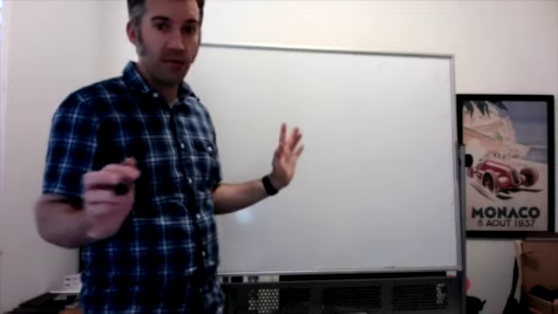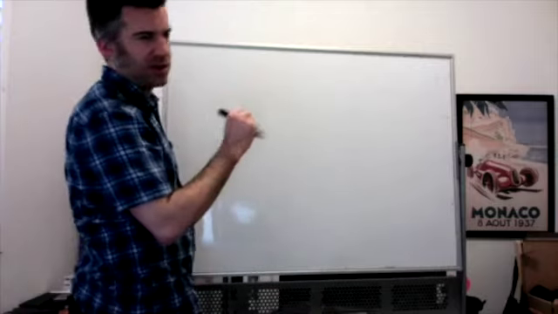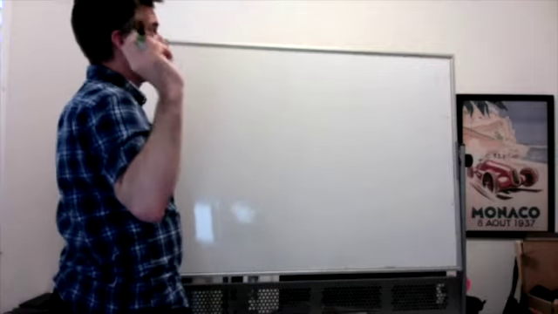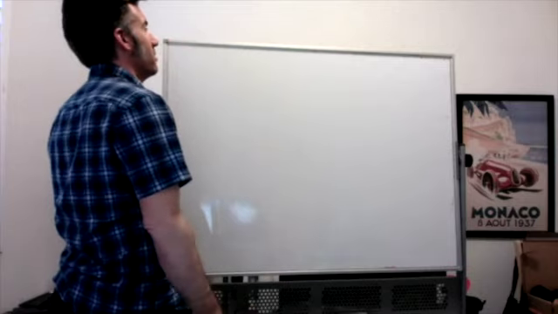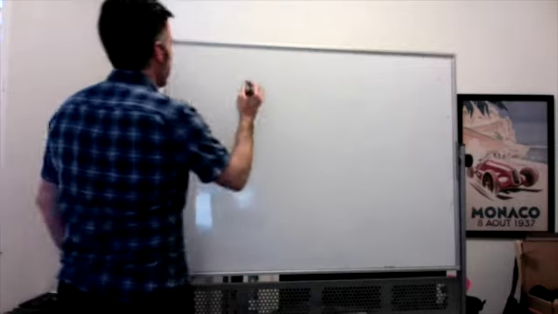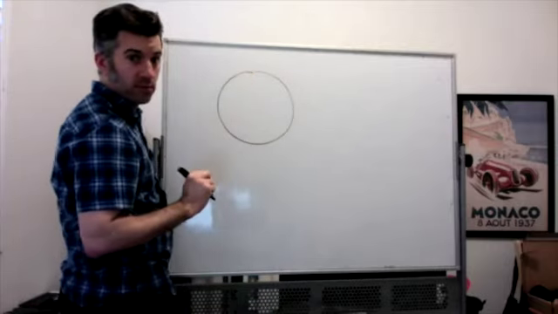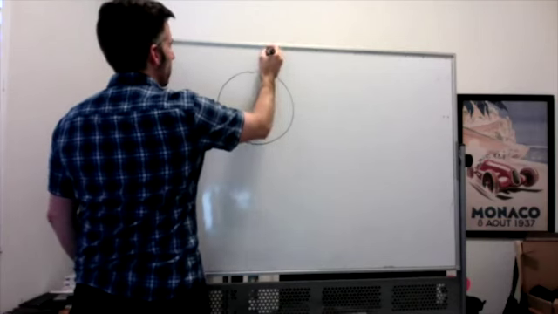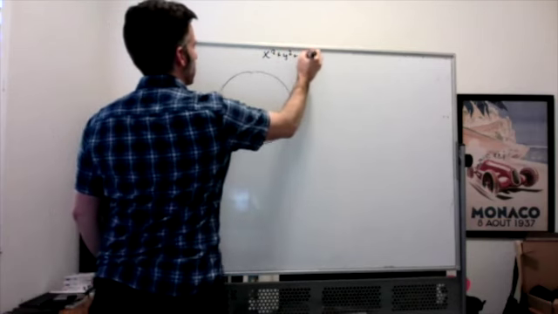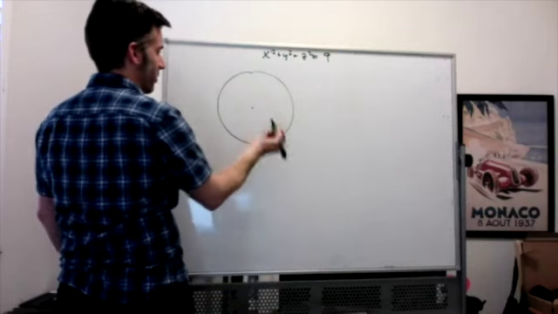So for example, if I knew that my equation was a sphere, maybe it's the sphere x squared plus y squared plus z squared equal to 9. It's a sphere centered at the origin with a radius of 3.